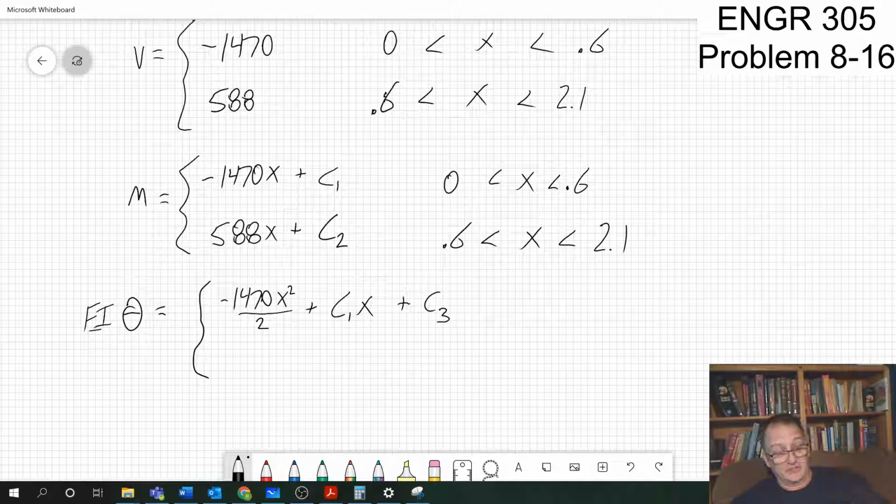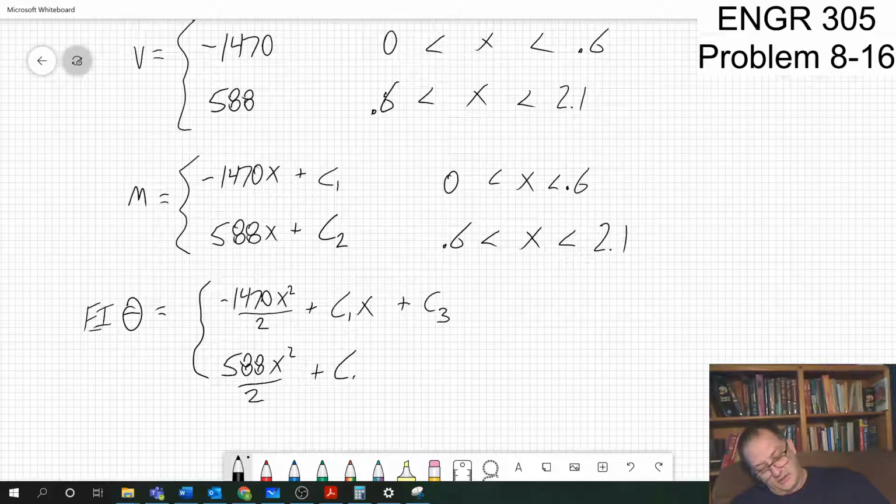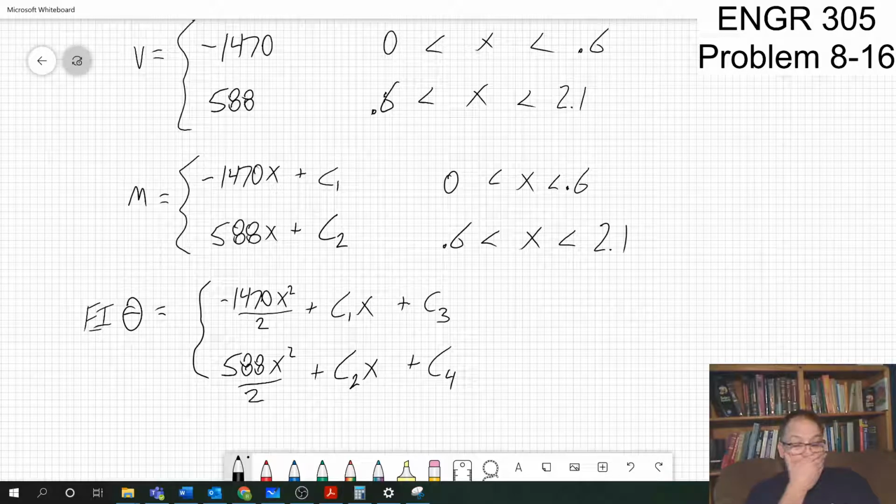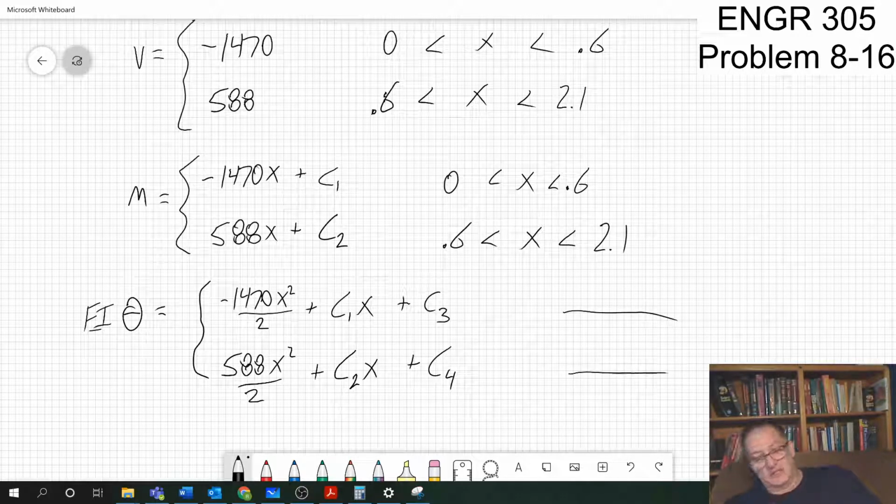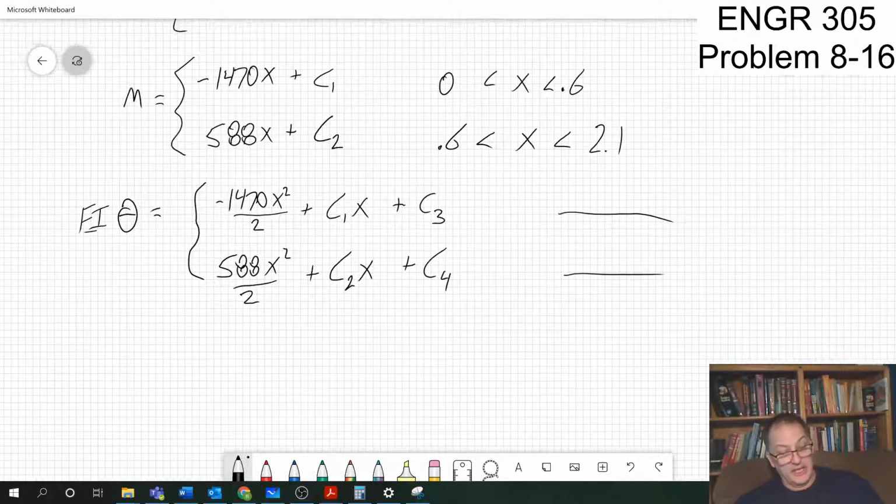The other equation will have the even constants: 588 x squared over 2 plus C2x plus C4. I'm not going to write the limits in there again, but you know where those equations are good.